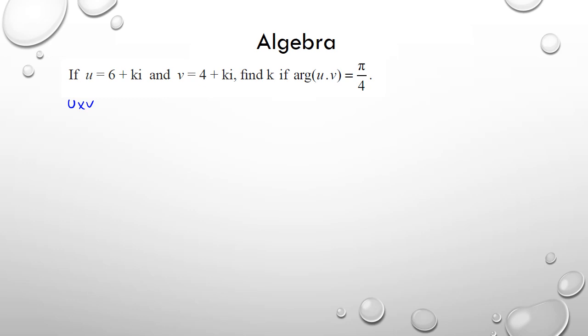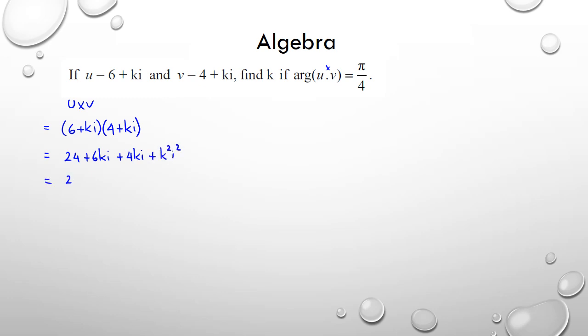Now remember that u times v, that little dot there, is just another form of writing multiplication. So if I work out uv, I have u, which is 6 plus ki, multiplied by 4 plus ki, and expanding this, I get 24 plus 6ki plus 4ki plus k squared i squared.